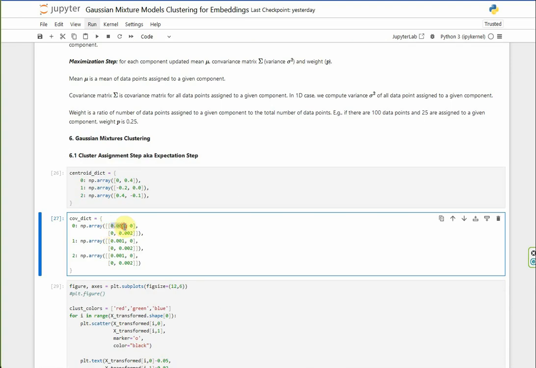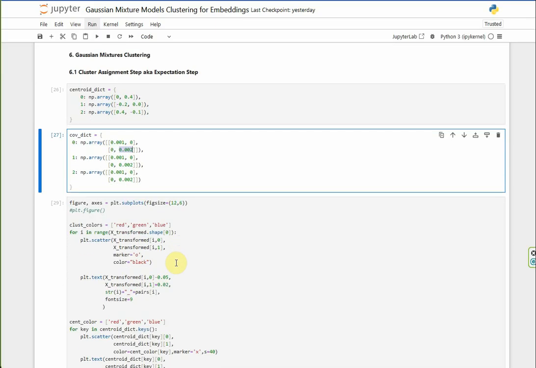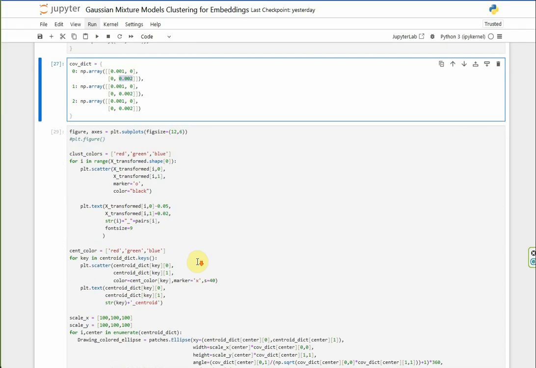As our variance values are very small in this case, we should expect the following things. First of all, the value produced by the probability density will definitely be higher than 1. So we should rescale that if we want to operate in the probability space. However, this is not really necessary in this case because we just need some values, and they do not necessarily need to be probabilities.